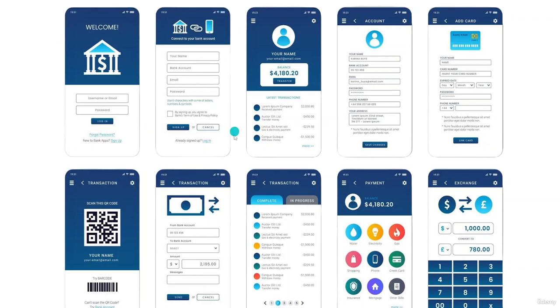This is the details page. This one you can call the balance page, account information page. This is your card information page. This is the transaction page. Three of these. Over here, this is the payment page, and this is the extend page.